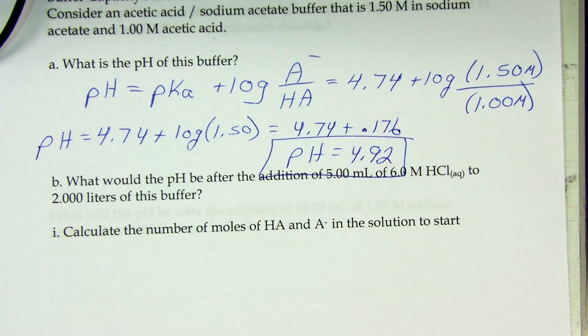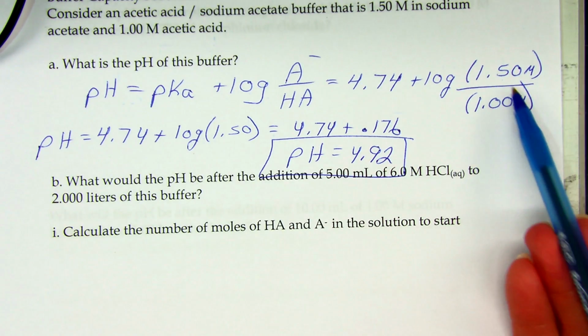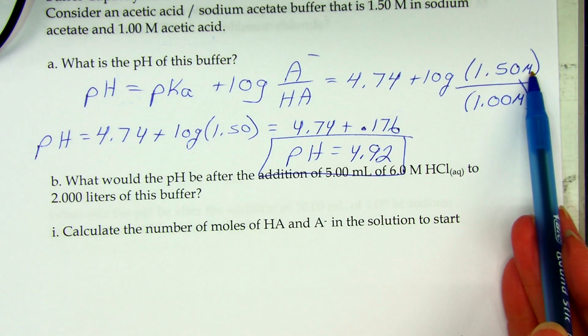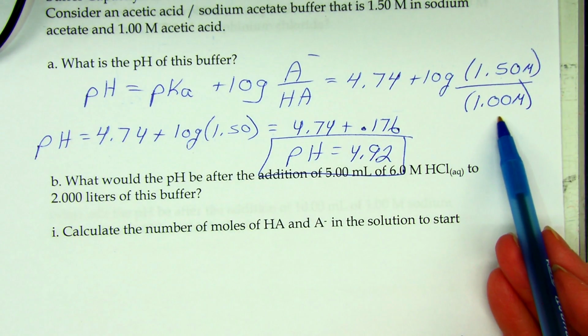Now remember, we're used to dealing with the concentrations in terms of molar concentrations. But right now, we're looking at this ratio. And remember that when we're looking at that ratio, the ratio of the molarity is the same as the ratio of the moles. So if I have 1.5 molar divided by 1 molar, I get a ratio of 1.5.